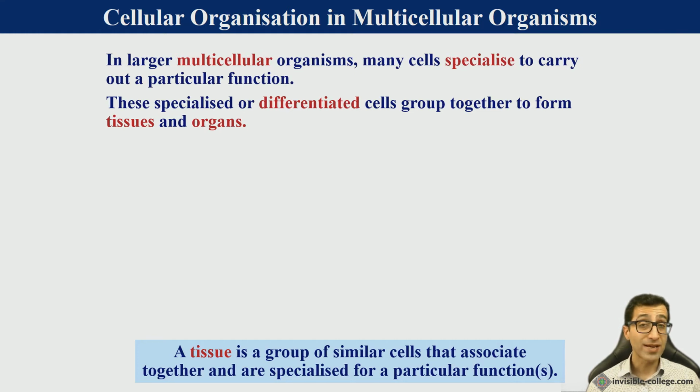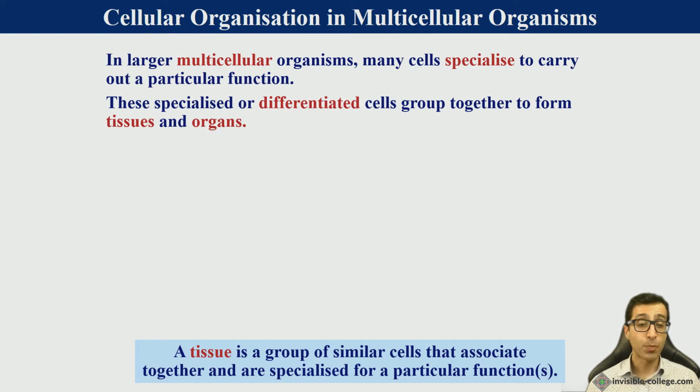However, when it differentiates, it undergoes a series of changes which switch on certain genes within the genome of that cell and switch off certain other genes so that the cell only expresses the characteristics which enable it to perform the functions of a particular tissue. So, for example, a hemopoietic cell in the bone marrow, one of the stem cells that you find there, can undergo differentiation in order to become a specialized red blood cell or white blood cell, for example.